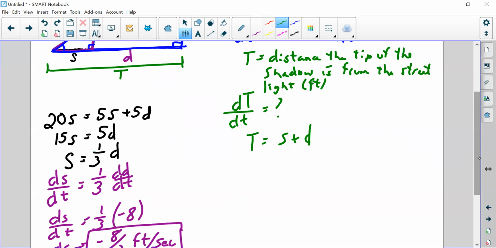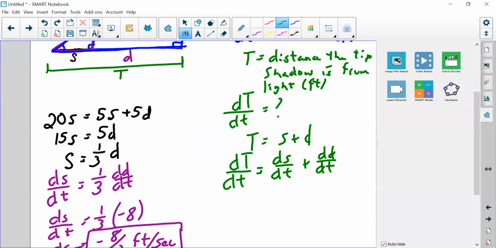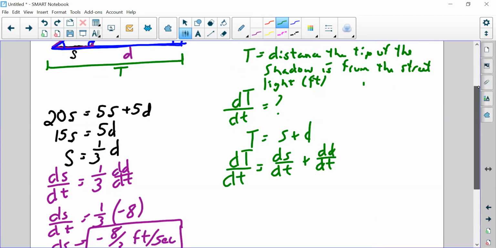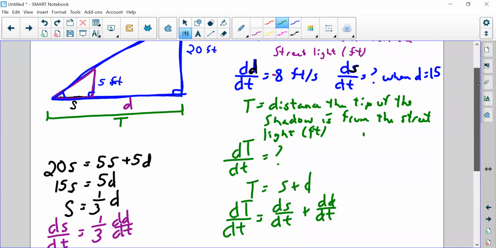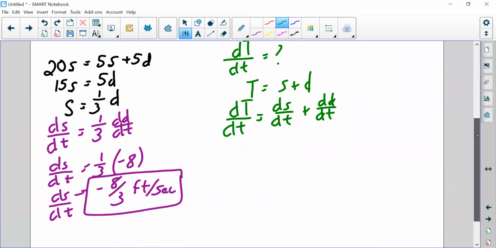How would I differentiate the left-hand side? That's dT/dt equals dS/dt plus dD/dt. I'm curious to see if this method works. We know that dD/dt is -8.